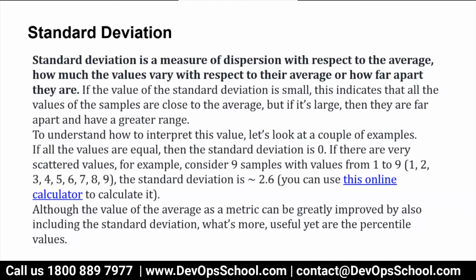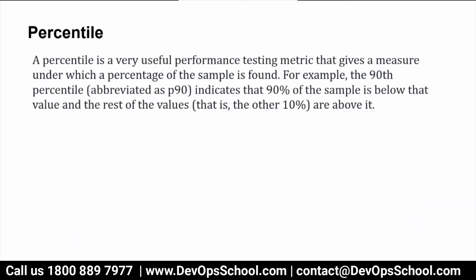So standard deviation means, overall in the APM world, the request response time is coming under some average bracket. You want to know how many requests, or what percentage of requests, are going far from the average response time. That's called standard deviation. There's an algorithm which you need to understand.